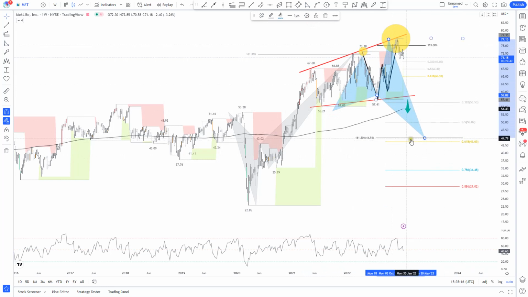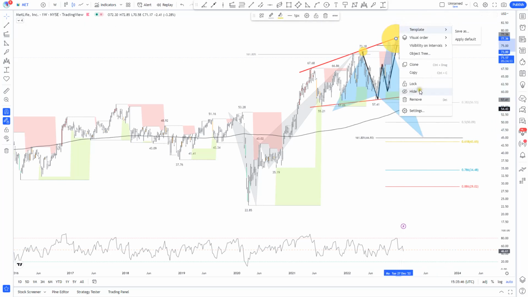We have convergence between multiple golden fibs, as you can see: 44.93, the completion point of this Shark pattern, and the major or higher degree 61 retracement between those lows and these highs. Okay, so this is a convergence or a cluster box to search for positions for the long side. If that happens, it may also be a nice opportunity there.